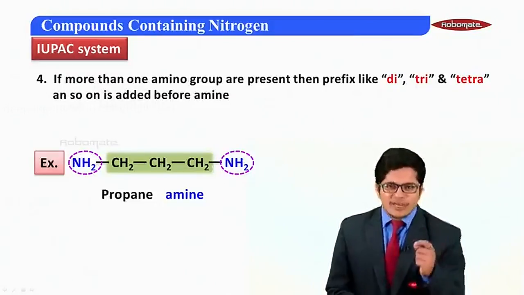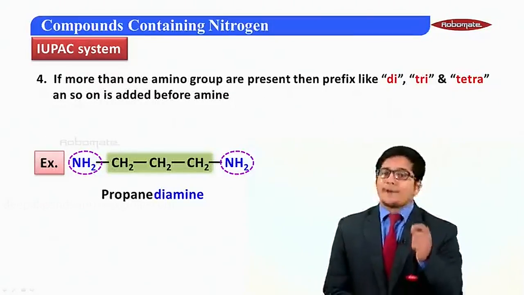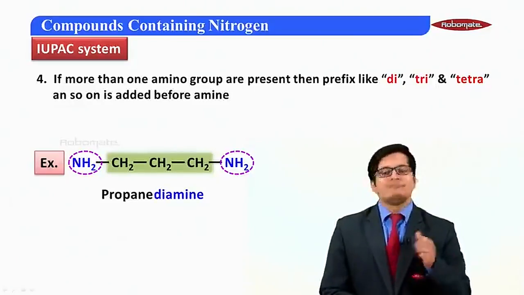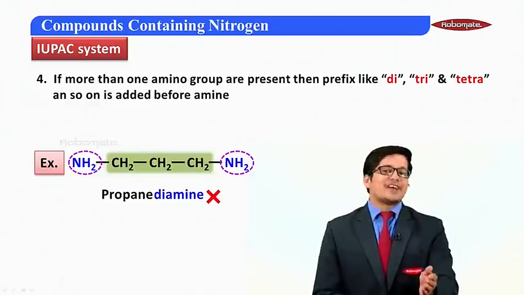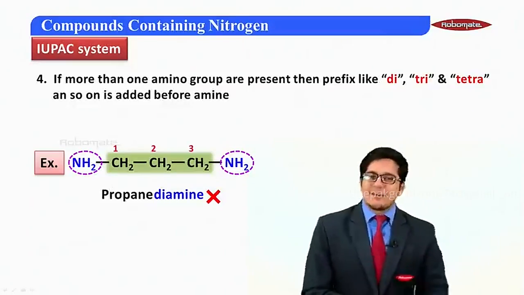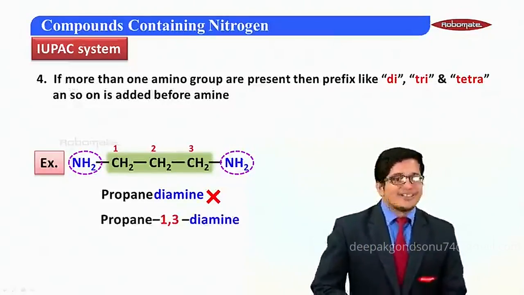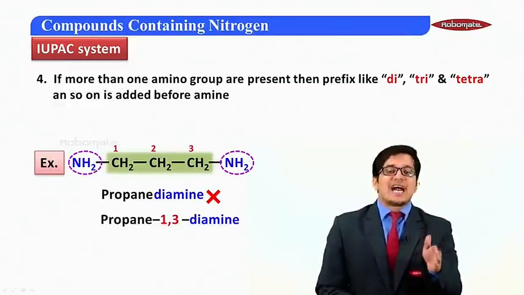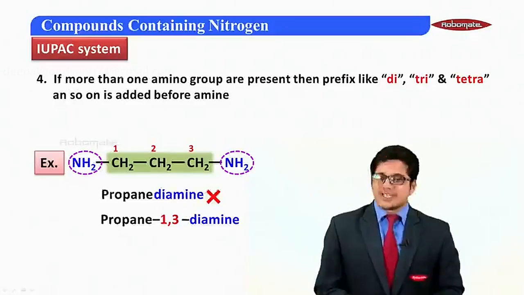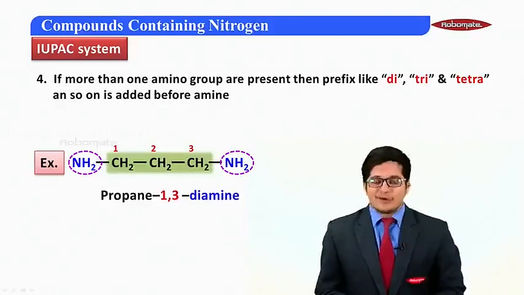That means, could we name this compound as propane diamine? No, we are wrong in this case. Why? Because we have not satisfied the positions. So let's number the carbon atoms and now the name would be propane-1,3-diamine. So this would be our correct name over here.